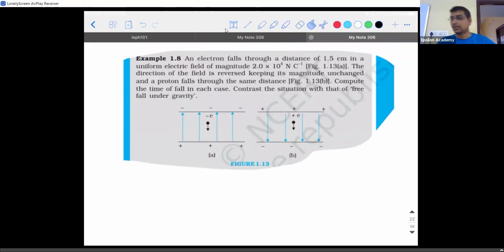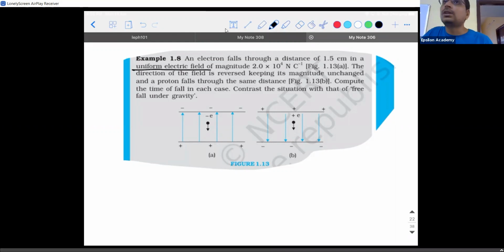Let me read this question. There is an electron which falls through a distance of 1.5 centimeter in a uniform electric field, underline that word, uniform electric field, of magnitude 2 into 10 power 4 Newton per coulomb. The direction of the field is reversed, keeping its magnitude unchanged.